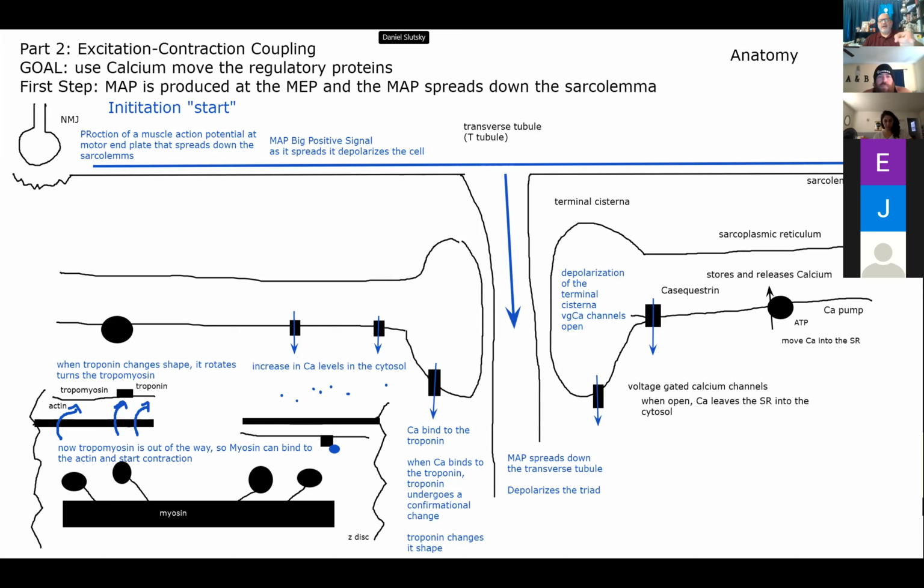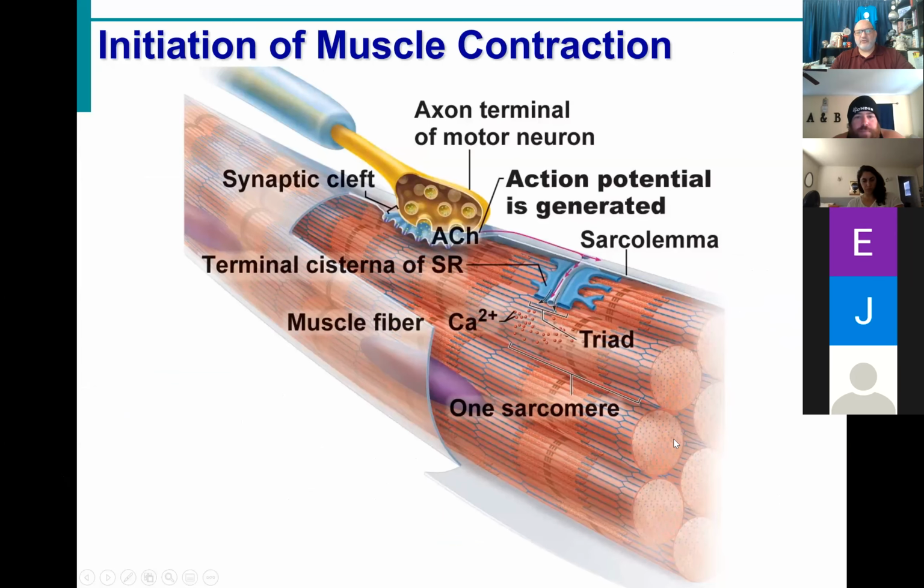All right, excellent. Again, I've done this with my very simplistic drawing. Let's look at the pretty pictures from your textbook. That does a nice job of showing this. Notice here, we very nicely see the anatomy that we were just talking about.